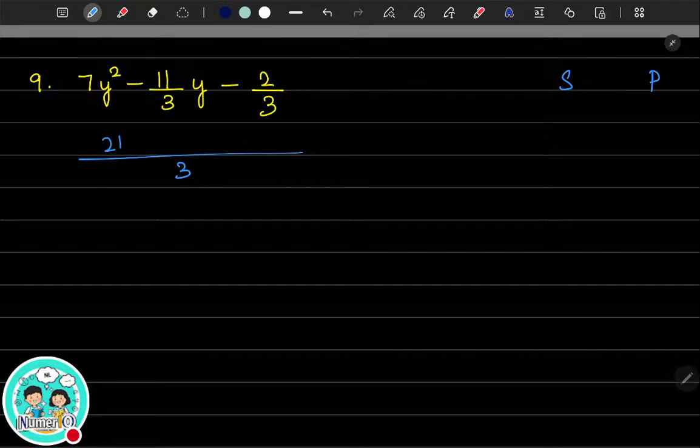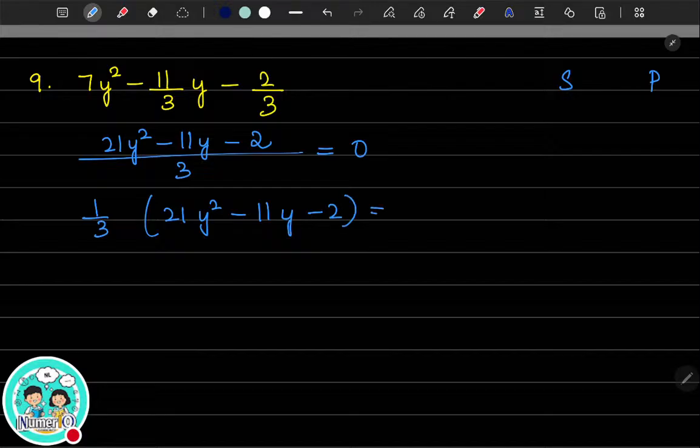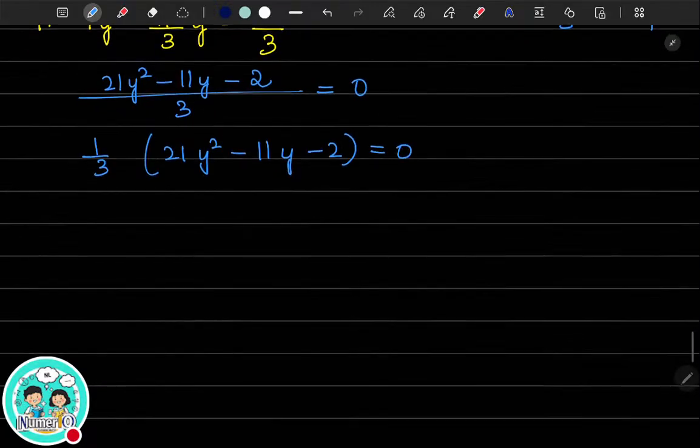So what you have, 21y square minus 11y minus 2 equal to 0, right? So you have 1 by 3 common out, 21y square minus 11y minus 2 equal to 0. Which means 21y square minus 11y minus 2 equal to 0.